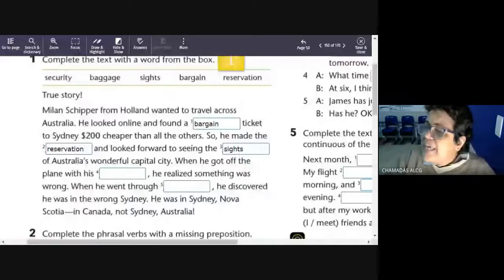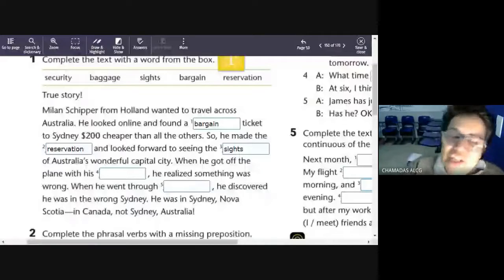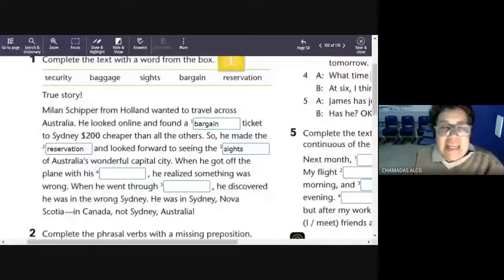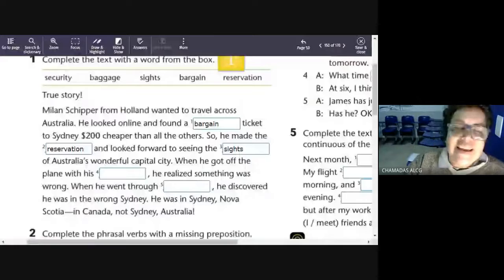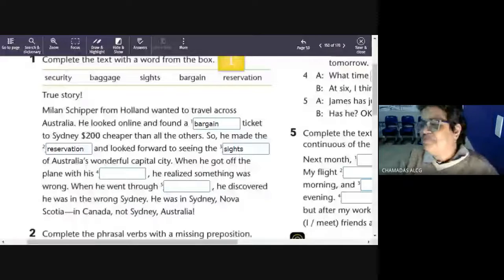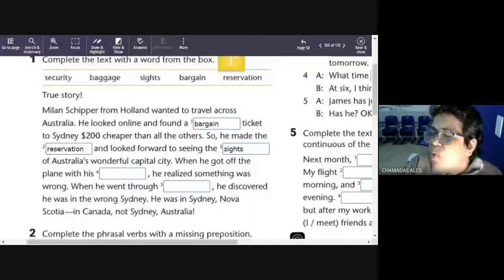So he made the reservation and looked forward to seeing the sights. So I was explaining the meaning of see the sights, okay? Of Australia's wonderful capital city.